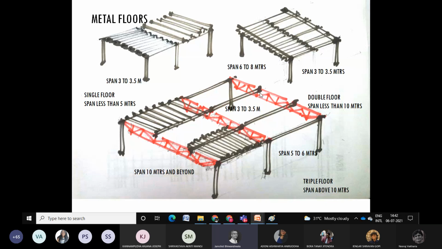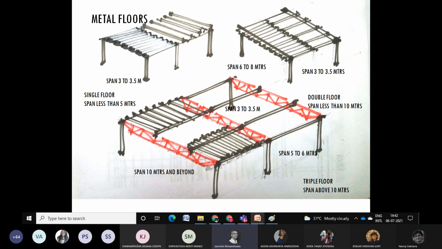If you're using a flat roof, perhaps a girder. Between girders, I'm further using joists. I first spanned the 10-meter span, allowing me to further span it to between 5 and 6 meters, then further making it 3 to 3.5 meters and allowing joists to take place.